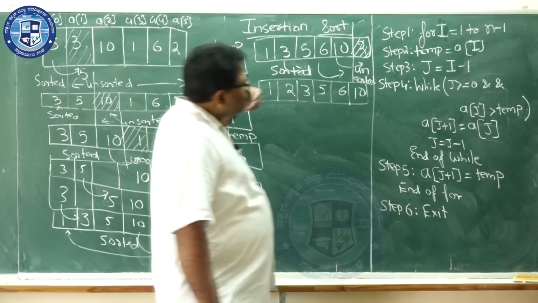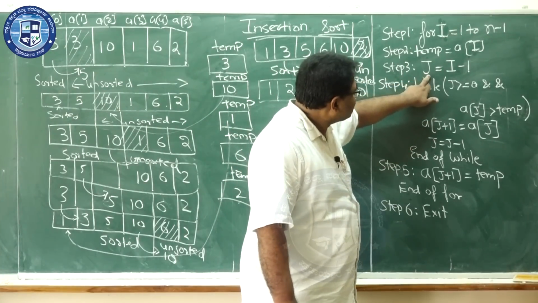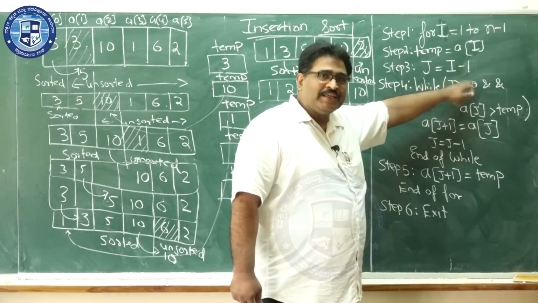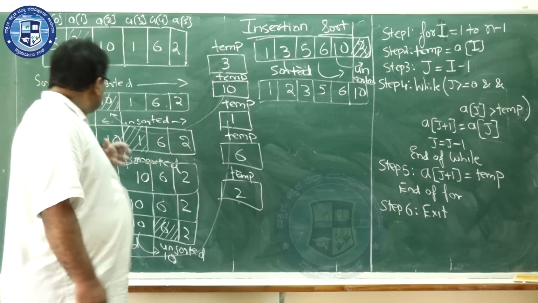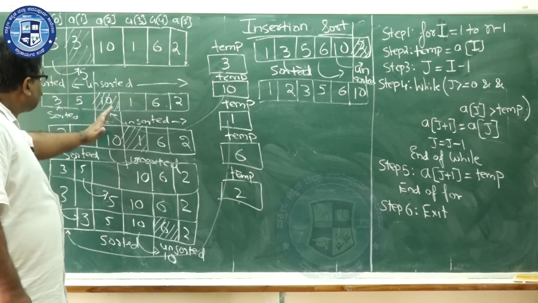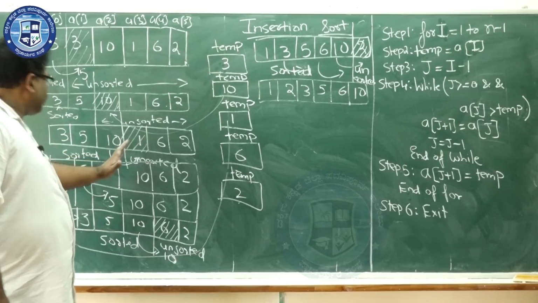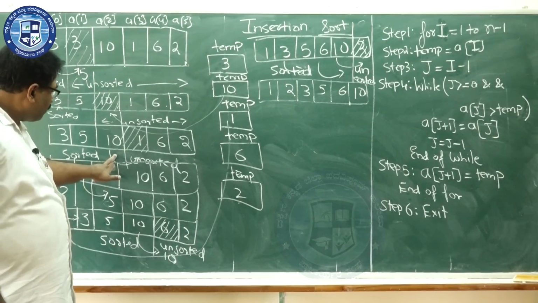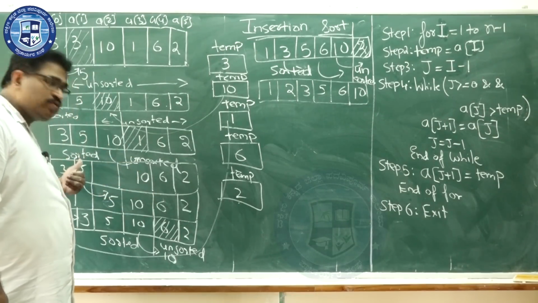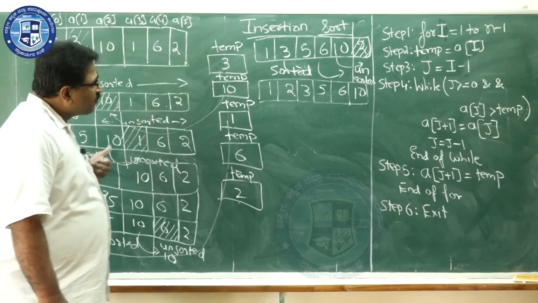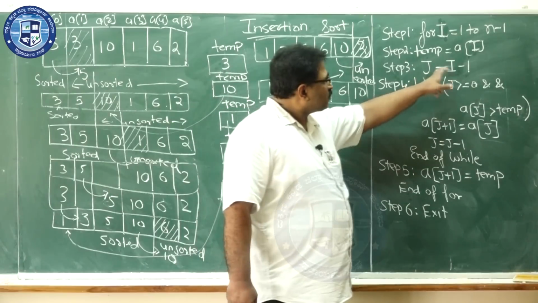So what is the next one? J is equal to I minus 1. That means J will start from this position. If you take the next one, it starts from here. So J will be here. If you take the next one, it will be one position lesser. So J is equal to I plus 1.